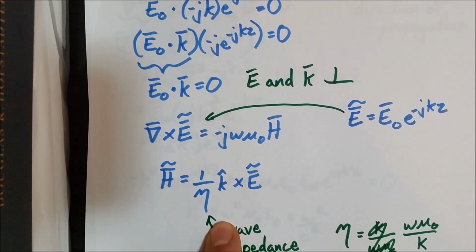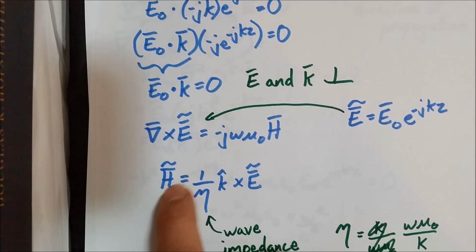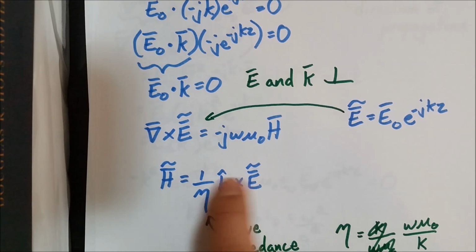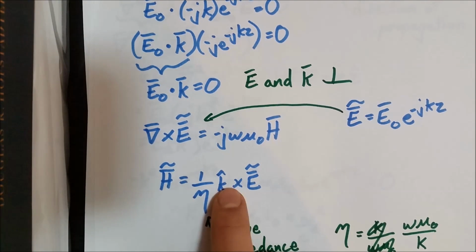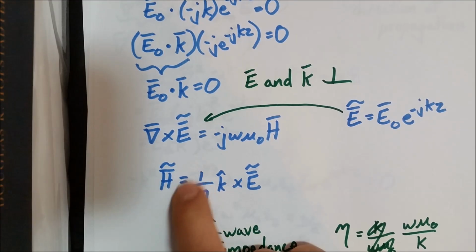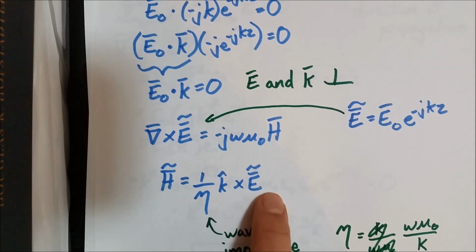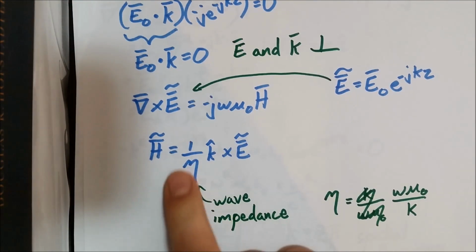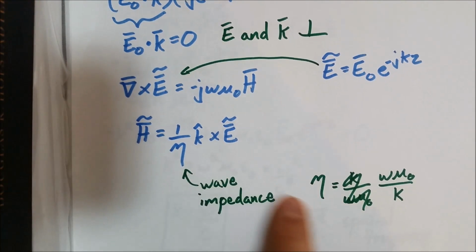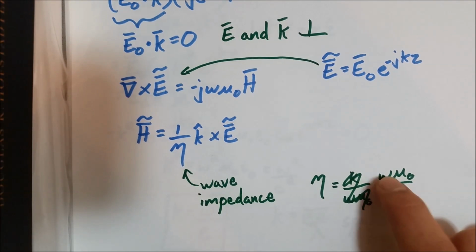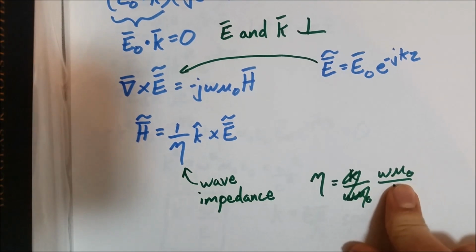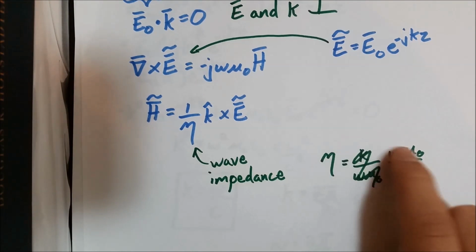Through complex derivation, we yield the result that the magnetic field is simply E cross product with the wave unit vector, and is related to the electric field by this wave impedance, 1 over eta, where eta is equal to the temporal frequency, the permeability, and the spatial frequency.